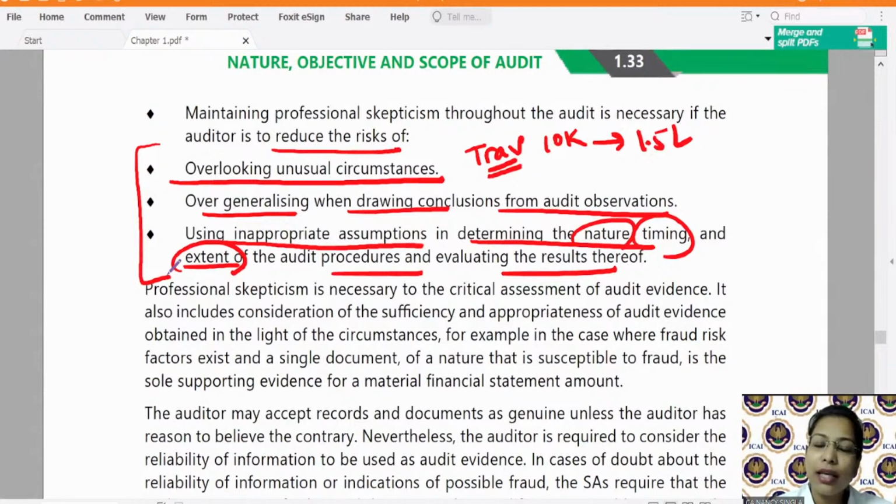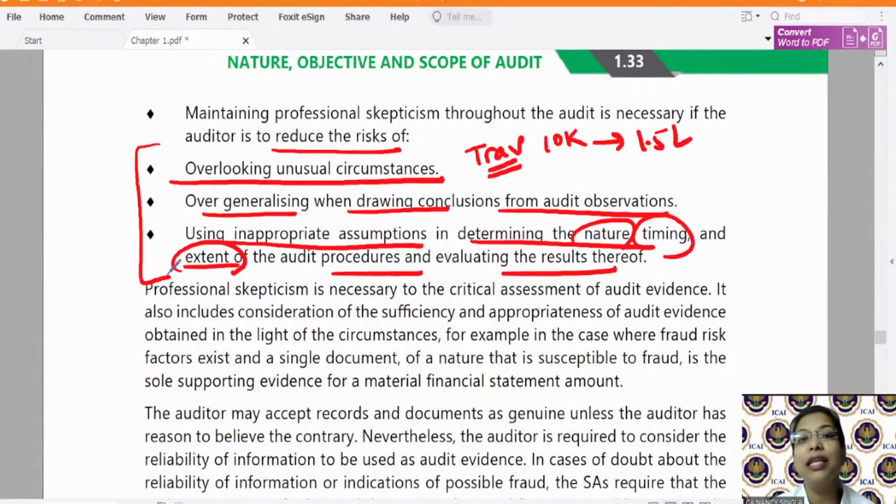If there is any doubt, then perform more audit procedures; don't just accept it like that. This is the concept. This is what professional skepticism wants to say: you have to have a questioning mind, and be alert to the conditions that may indicate possible misstatement.